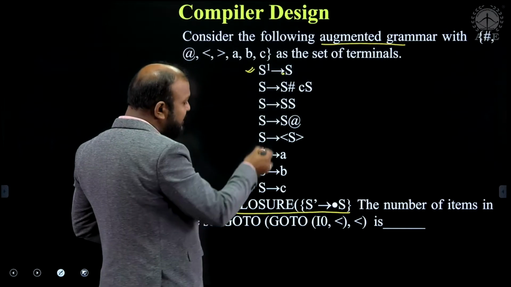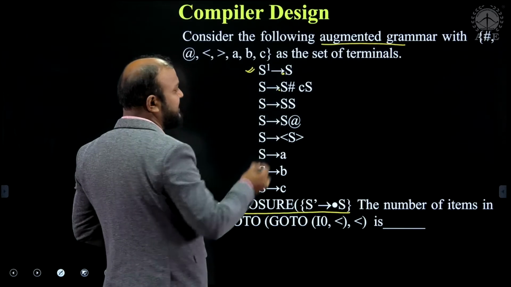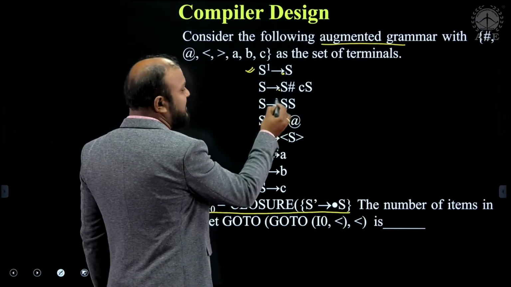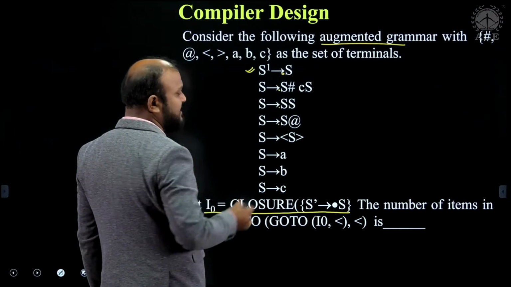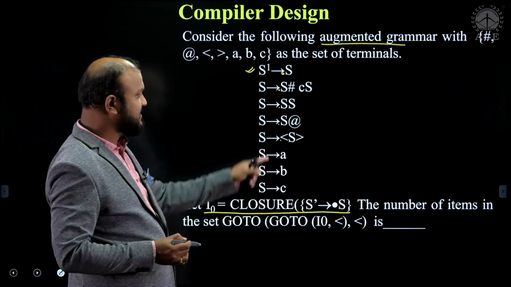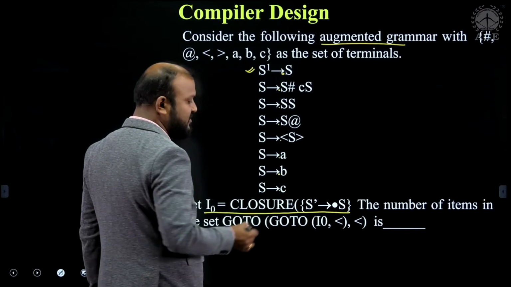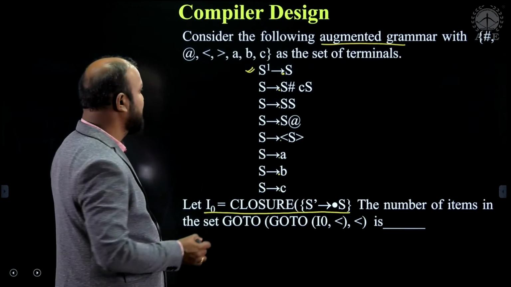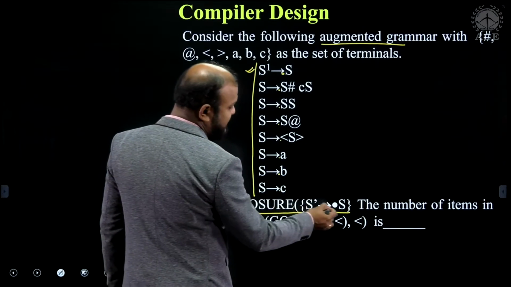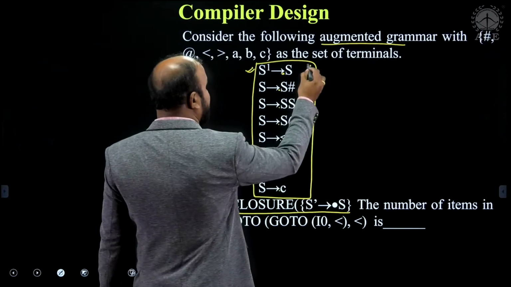We need to add all these productions in the same closure set with dot at the beginning, that is S tends to dot S # CS, S tends to dot SS, S tends to dot S at the rate S, S tends to dot < S >, S tends to dot A, S tends to dot B, S tends to dot C. This is what we call closure of S' tends to dot S. I am calling this I0.